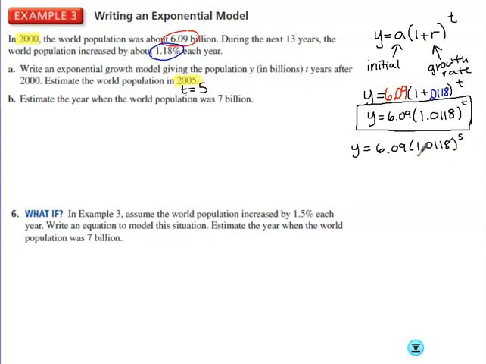When I do my power here, I get 1.0604, and we're multiplying that by 6.09 to get y. And I'm getting about y equals 6.4579. So the estimated number of people in the world in the year 2005 would be 6.4579 billion people.